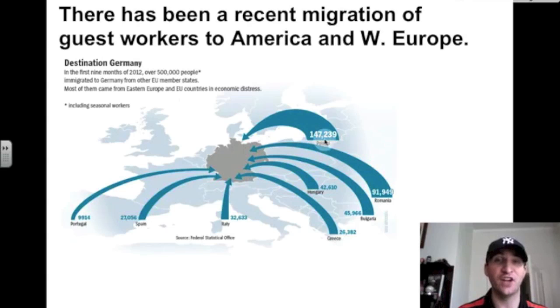Poland has 147,000 guest workers coming into Germany. Romania, 91,000 guest workers. And as it says here, in the first 9 months of 2012, over 500,000 people immigrated to Germany from other EU, European Union member states.